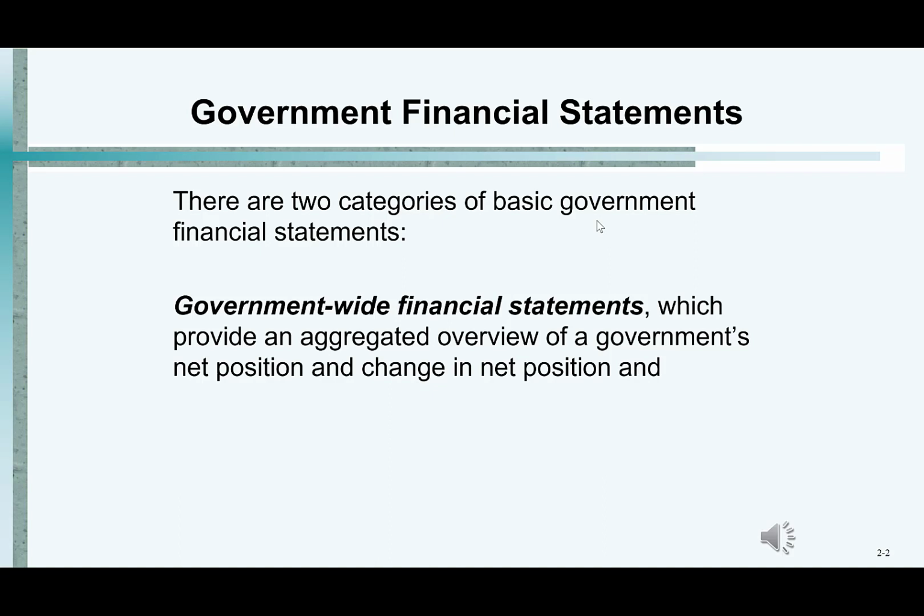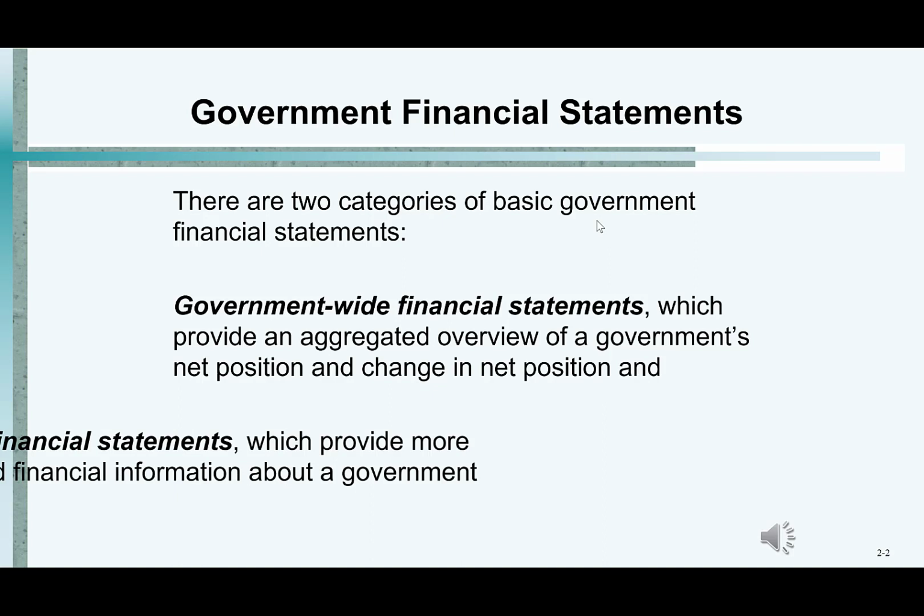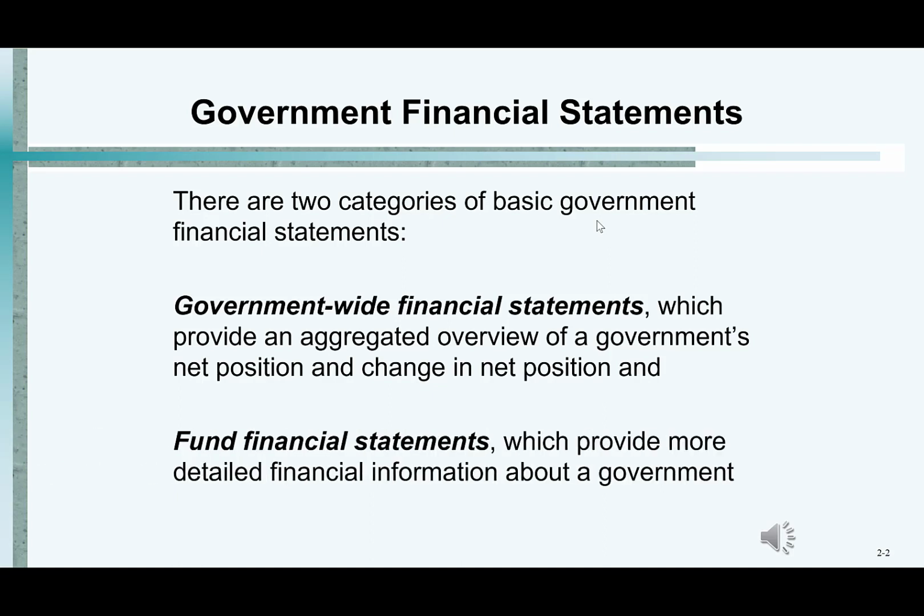In other words, our income statement. So we have a balance sheet, we have an income statement. Okay. With our fund financial statements, remember we said that our fund financial statements are going to provide us with additional detail. So we're looking for additional detail in our financial reports.